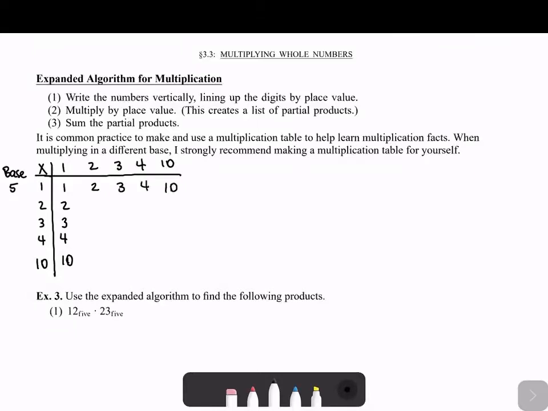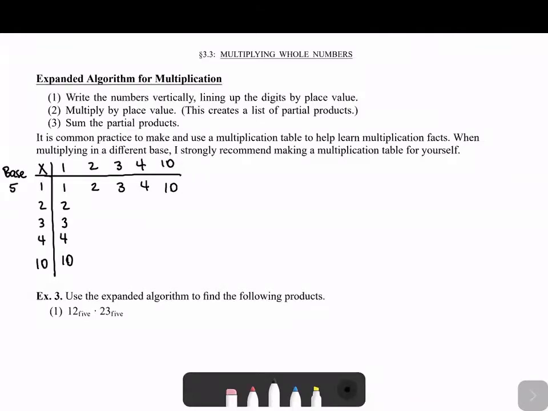What comes most natural to probably all of us is to just know the multiplication facts in base 10 and to then convert that value into base 5 to write it in your multiplication table. Just because we deal with base 10 so much more often, it is definitely going to come more natural to do operations in base 10.